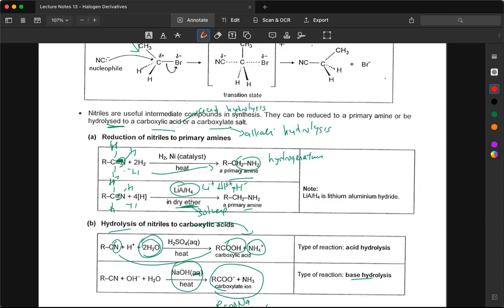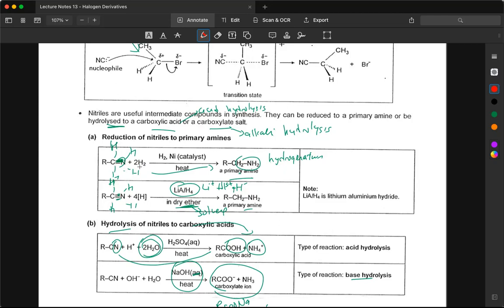So what happened is that the structure is extended. The triple bond is broken, and the nitrogen forms bonds with the hydrogen added to it. The carbon is also added with hydrogen.